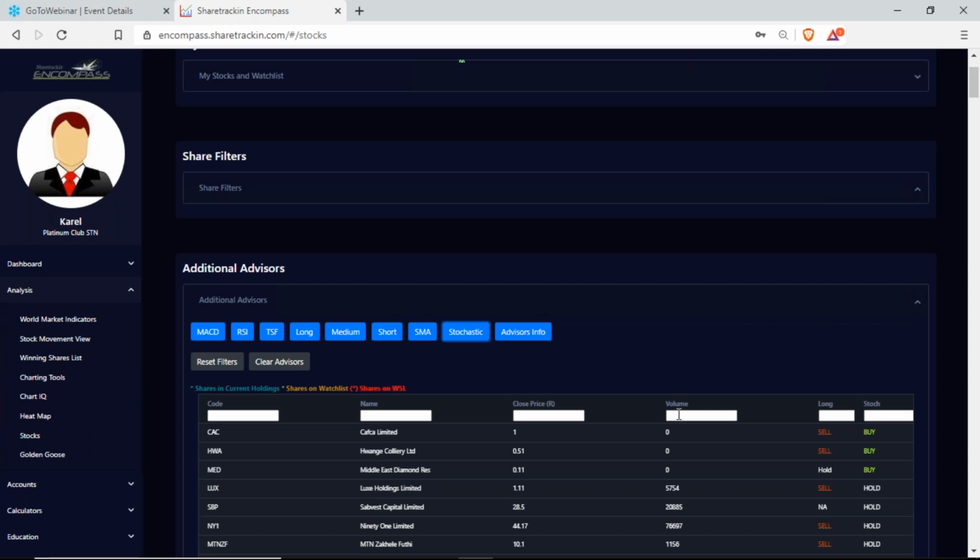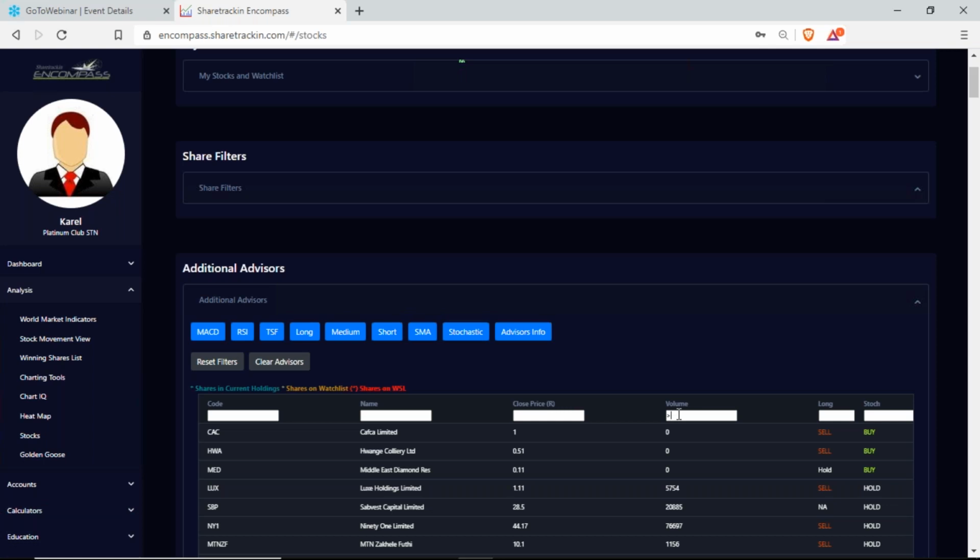Underneath my volume, I'm going to insert greater than 100,000. For the simple reason, your volume is the number of shares that changed hands during a trading day. In other words, it's the movement of the company for a specific day, whether they were buying or selling shares. So we want enough movement to ensure that we don't buy into a dead company like Kafka.